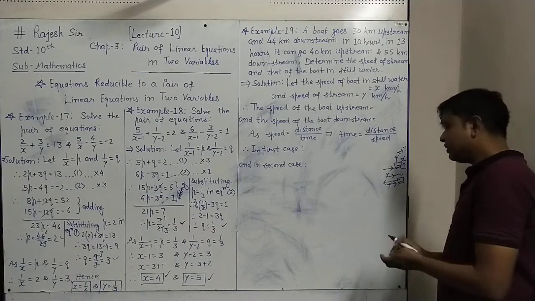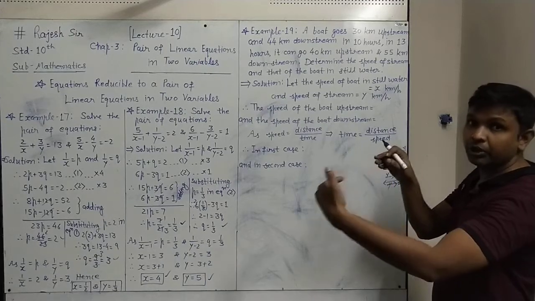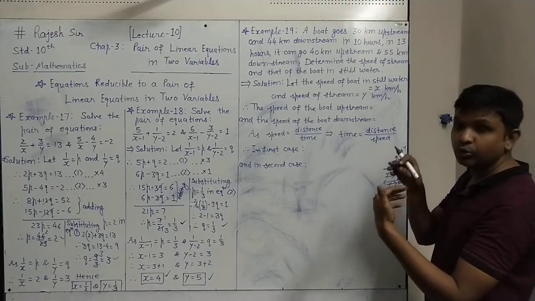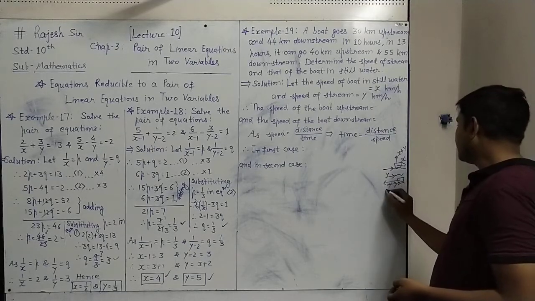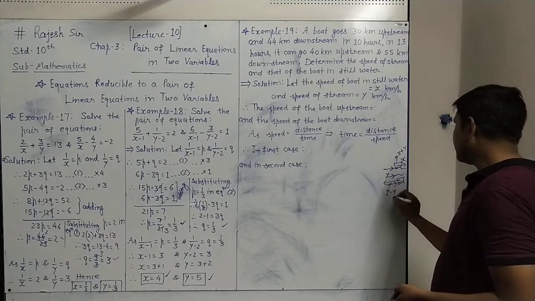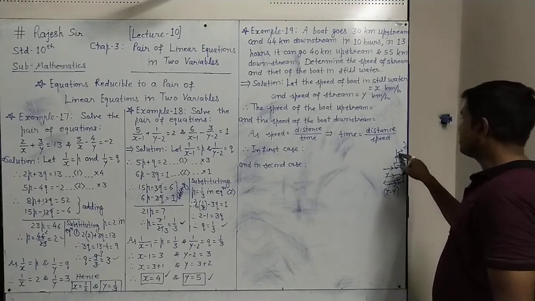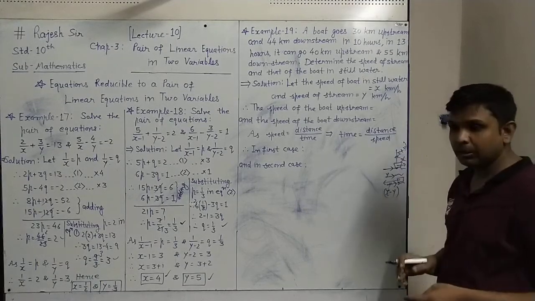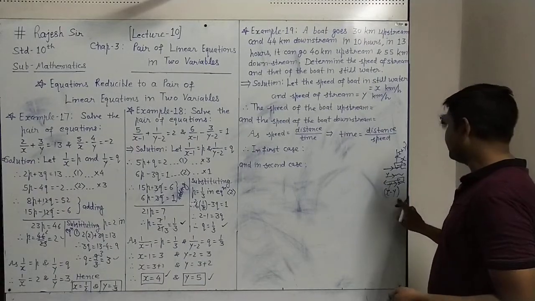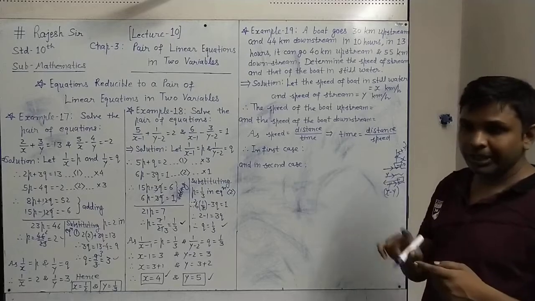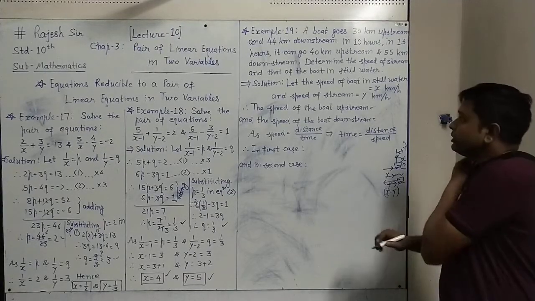So you can understand the boat will have to face the speed of the stream, means it has to work against the stream. So its speed will be reduced to x minus y. So in downstream it is x plus y, and in upstream the boat speed will be x minus y. So this way we have to understand.